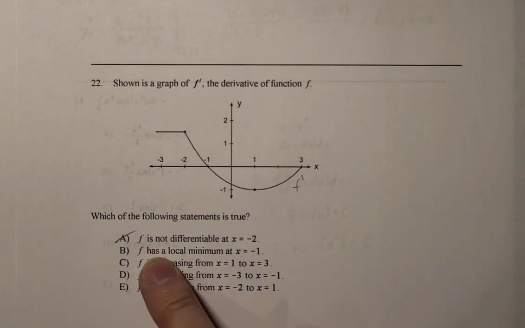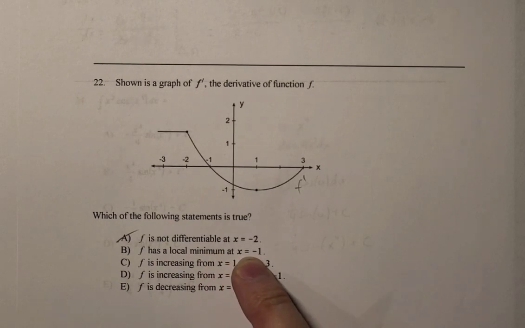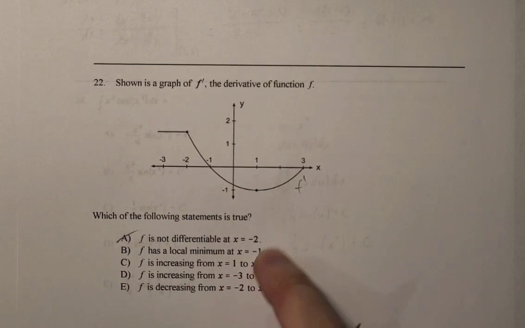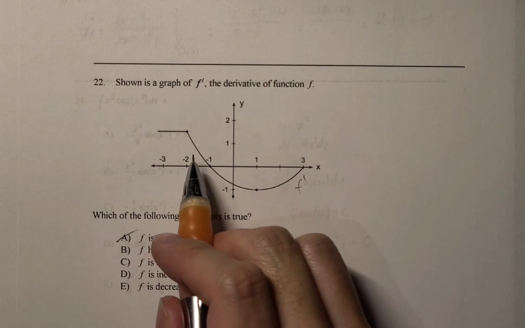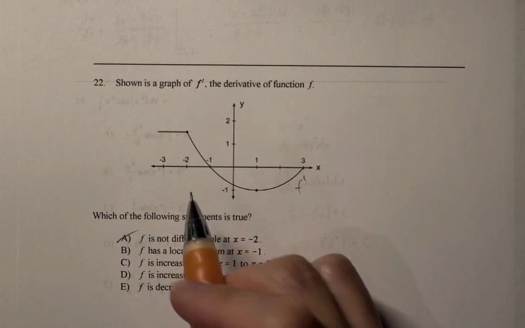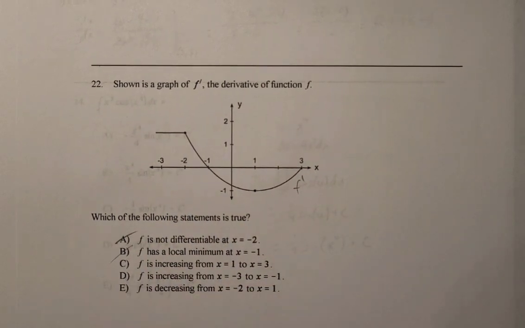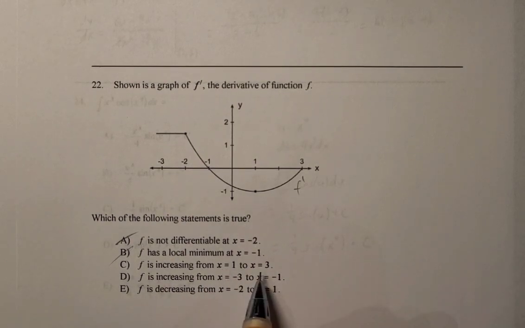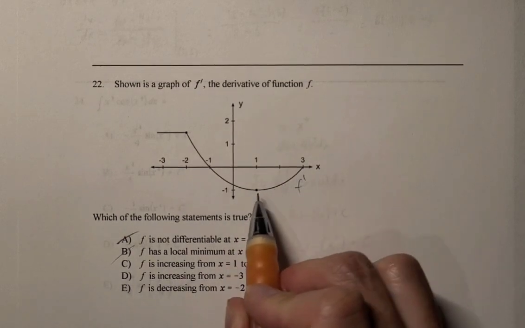All right. F has a local min at x is negative 1. Would it be a local min? So this is f prime. F prime went from positive to negative. So actually it'll be a local max. So not true. All right. F is increasing from 1 to 3. If f is increasing, that means the derivative is positive, but the derivative is clearly negative over here.